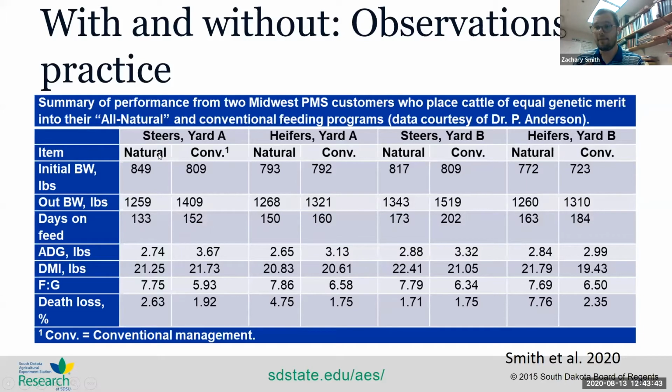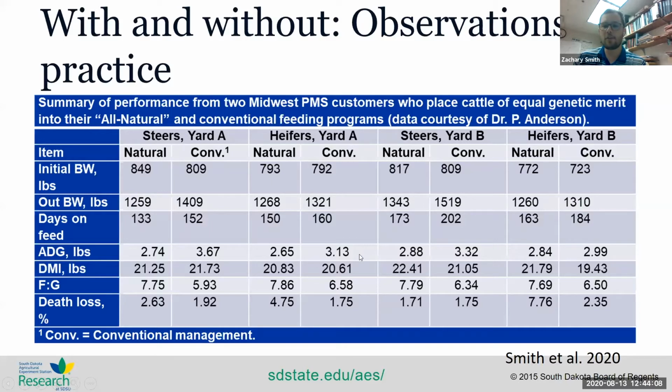So this is like a never ever 3, no implants, no beta agonist, no antimicrobials. But just within a yard, heifers and steers, we can see a nearly 25% difference in average daily gain and approximately a 6 to 23% difference in feed conversion ratio.